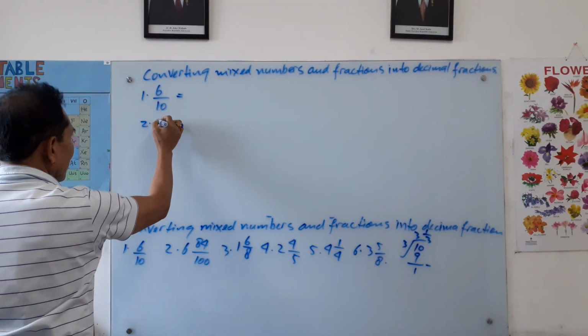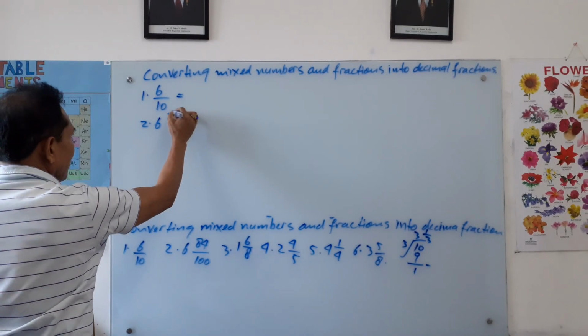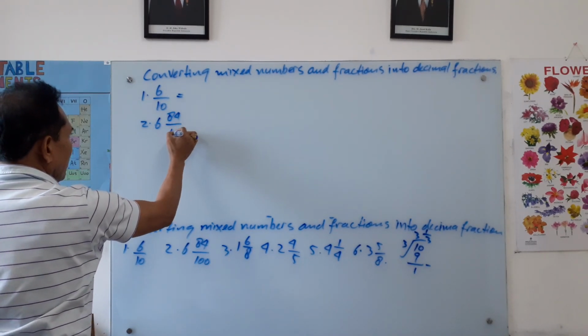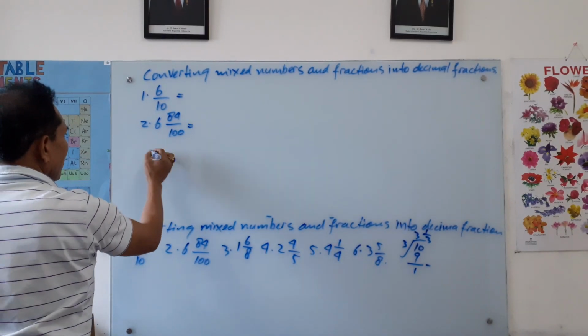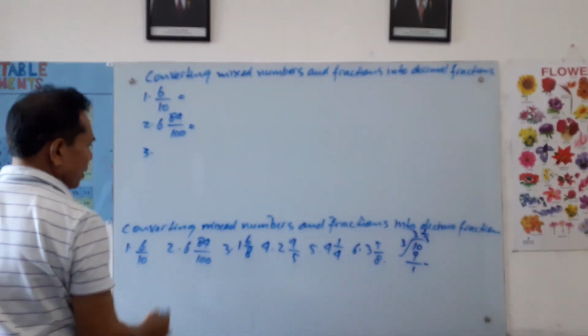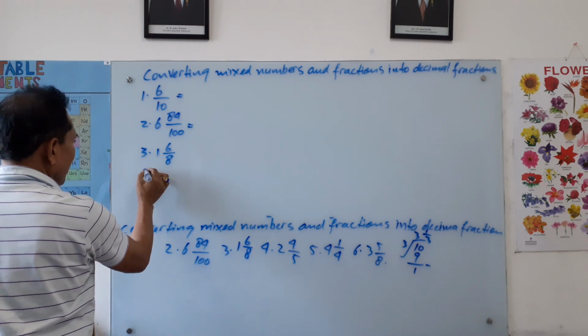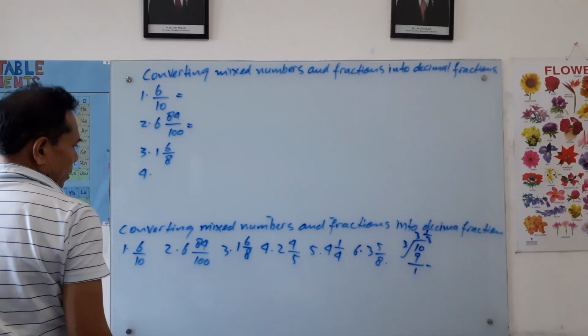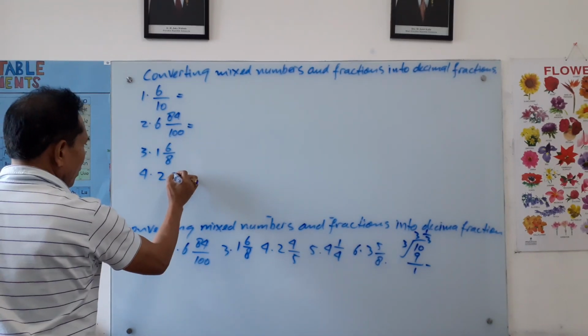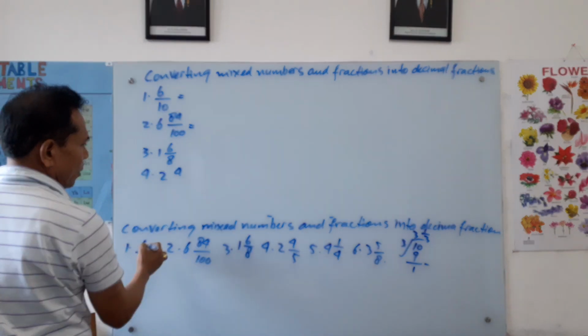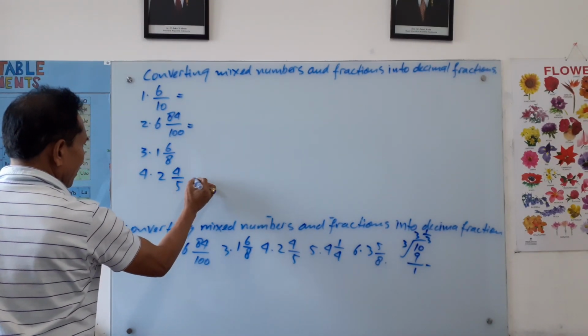Number 2, we have 6, 84 over 100. And number 3, we have 1, 6 over 8. Number 4, you have 2, 4 over 5.